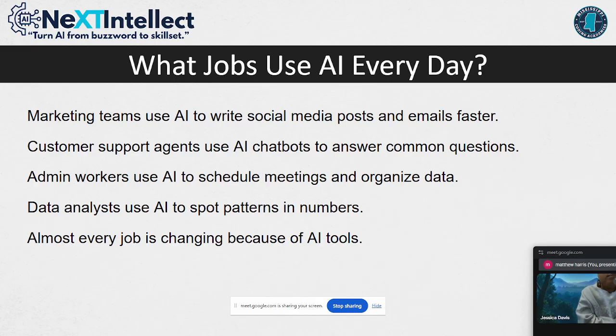Admin workers use AI to schedule meetings and organize data. Data analysts use AI to spot patterns in numbers. And remember, the patterns that AI can look at and the insights it can make can be different from what a human would be able to pick out. We're looking at a lot of data.